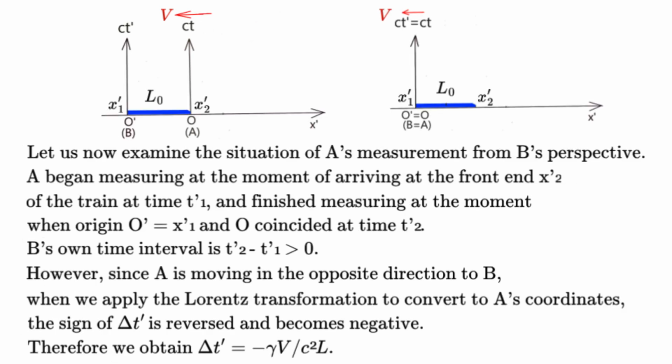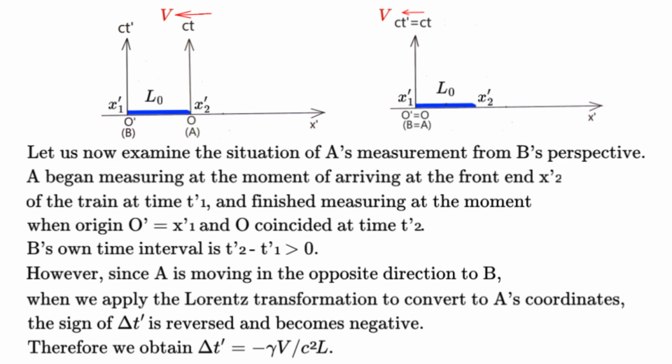Let us now examine the situation of A's measurement from B's perspective. A began measuring at the moment of arriving at the front end, x prime 2 of the train at time t prime 1, and finished measuring at the moment when origin O prime equals x prime 1 and O coincided at time t prime 2.